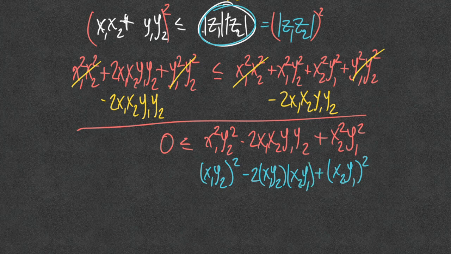I just shuffled around the order of the terms, but no big deal. And so this is really going to be saying that x1 y2 minus x2 y1, squared, is bigger than or equal to 0. Well, guess what? That's always true, because this is a real number, and any real number squared is just non-negative.